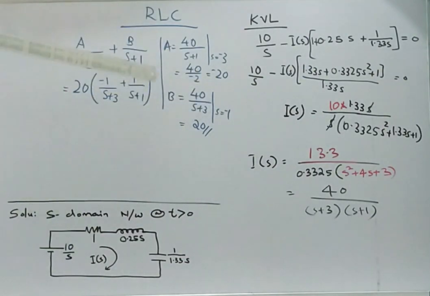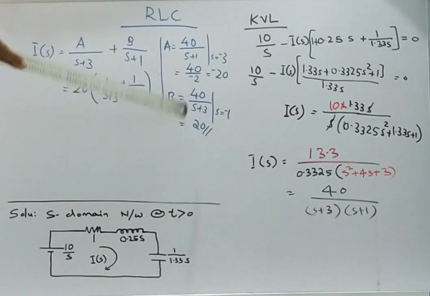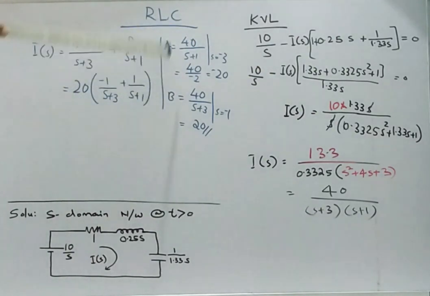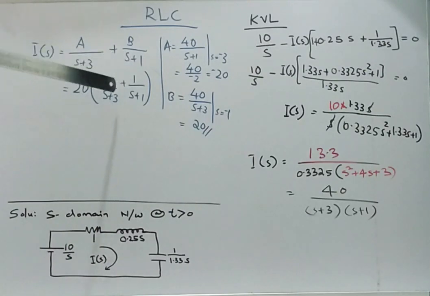After solving, B is equal to 20. Substituting the values of A and B and taking 20 outside, I(S) is equal to 20 times (minus 1 by (S plus 3) plus 1 by (S plus 1)). Now we can find the inverse Laplace transform in order to find i(t).